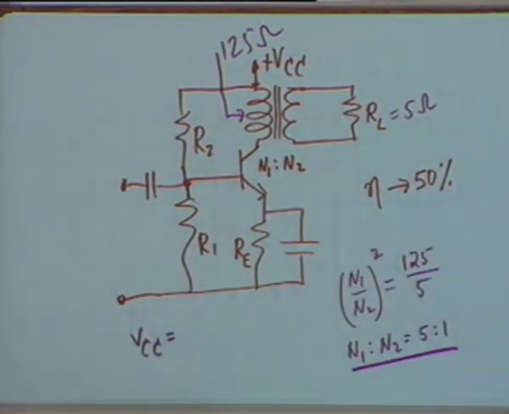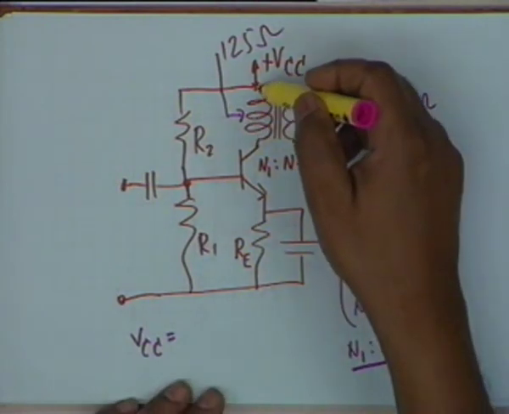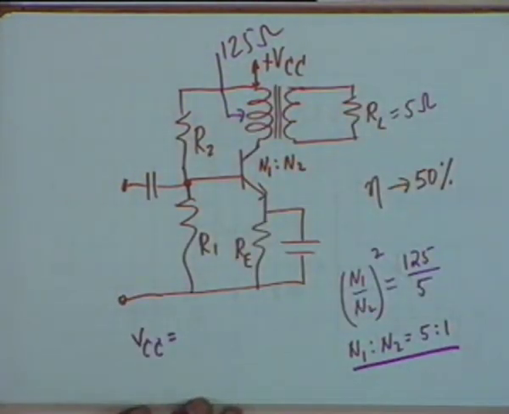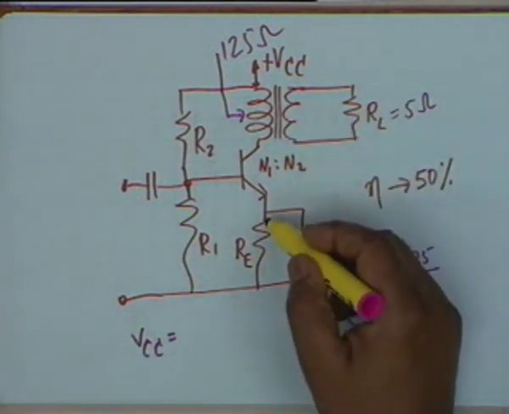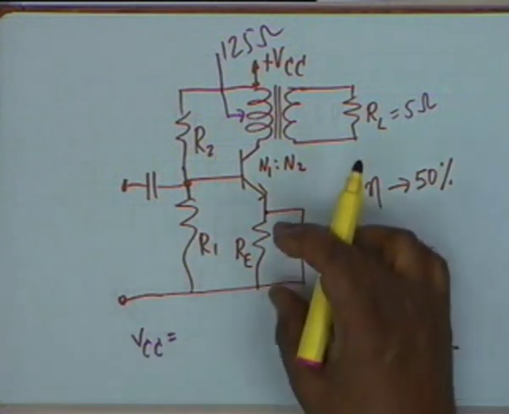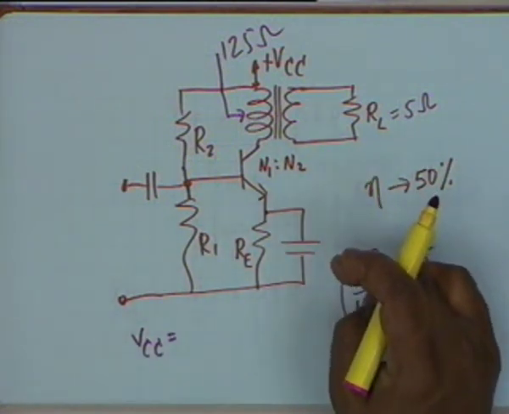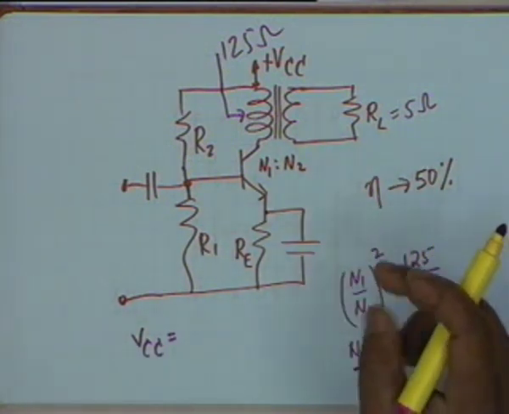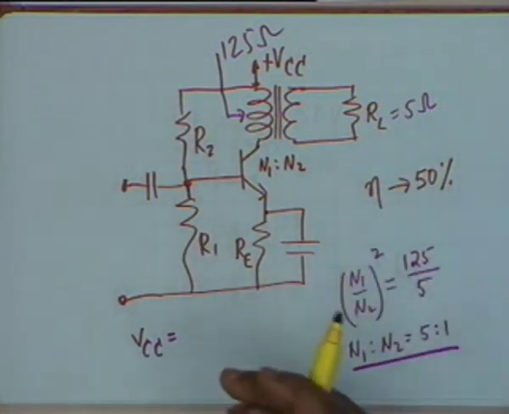Well, to determine VCC, you notice that the transformer primary, because of zero resistance, we assume it to be ideal, does not drop any voltage, and therefore the only drop that shall occur shall be across R sub E, and you can set this drop almost arbitrarily, and as I said, 3 volts, 2 volts, these are typical figures.